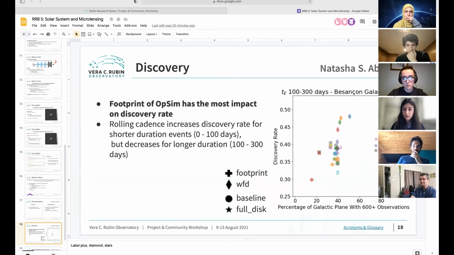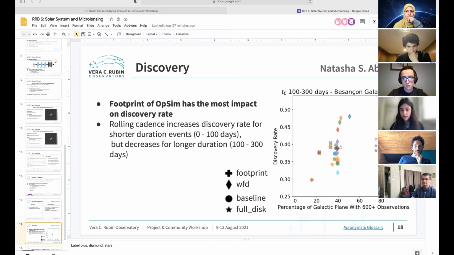So the main takeaway from the discovery criteria is that the footprint of the OPSIM has the most impact on discovery rate. As you can see in the plot on the right, the discovery rate is a function of the percentage of the galactic plane covered. The more of the galactic plane that's covered, the higher the discovery rate.